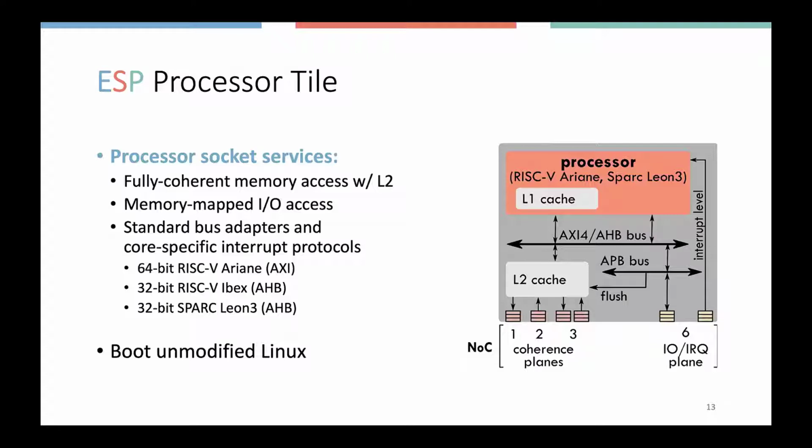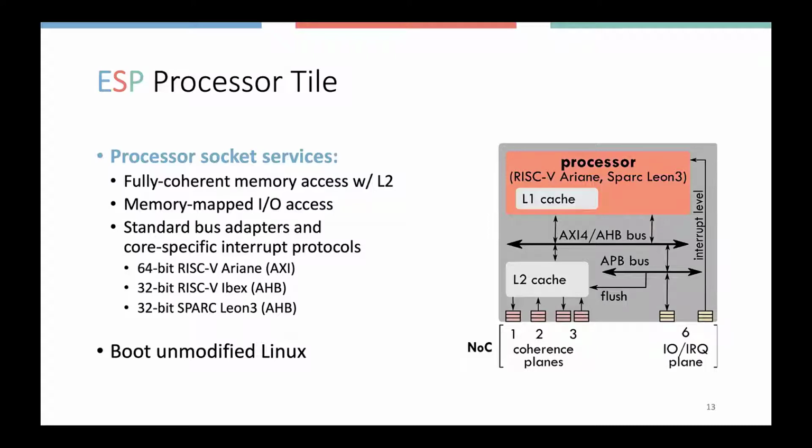At the time we started the project, there was no open processor that could actually boot an operating system. And that's the main reason why you don't find at this time the integration of an ARM processor core. Definitely that can be done. It's just a matter of really spending a little bit of time to design these adapters specific to the interrupt protocols mainly, and making sure that we also have adapters in case the processor relies on a specific coherence protocol, because typically what we take is not just the processor core, but also the level 1 cache, which is tightly coupled to the processor and is part of the overall microarchitecture.